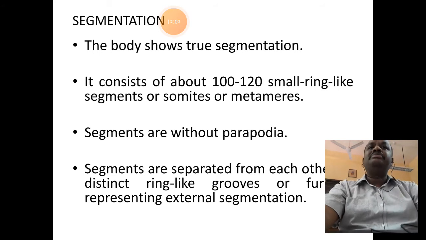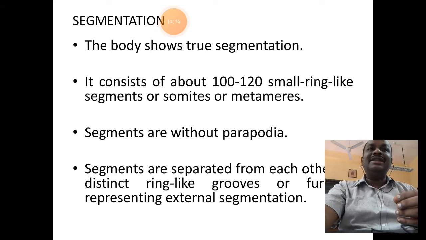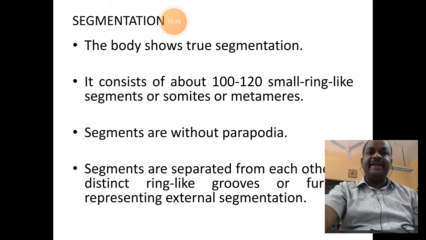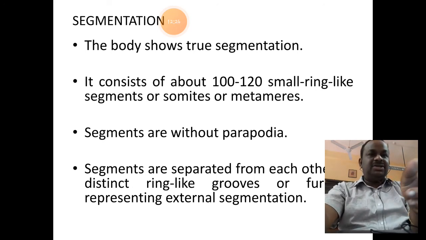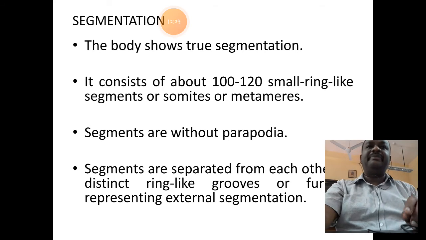The elongated body of the earthworm is divided into 100 to 120 small ring-like segments, which we call somites or metameres. So, 100 to 120, in some species up to 150 segments we can find. The average number we consider is 120.